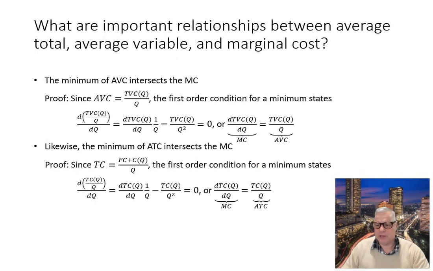But for the videos not to become too long, let's just stop here and continue with a new video where we then also derive the proof that the minimum of average variable cost intersects the marginal cost. But let's stop here quickly, and then see you in the next video.